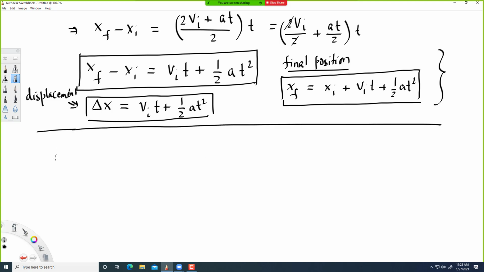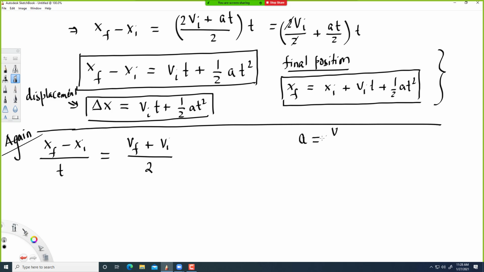So again, let's go back to the same expression that we have. So we have x final minus x initial over t is equal to v final plus v initial over 2. So that's same thing that we got before. Now this time, let's use this expression. We have a is equal to the definition of acceleration.